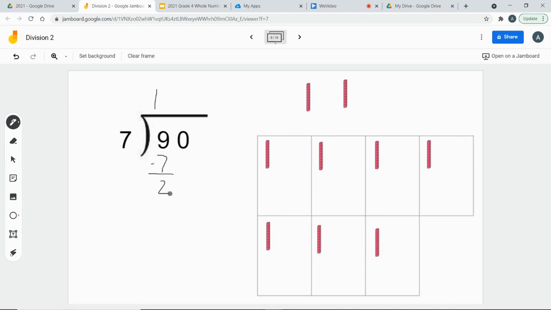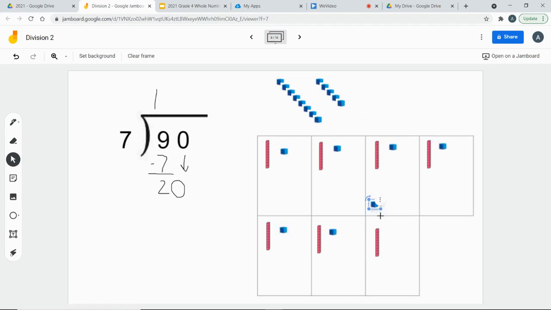I subtract, and I have 2 tens left over. Bring down that 0, and I will need to regroup to have 20 ones. Now I have 20 ones to be divided into 7 groups. I can only put 2 in each group before I only have 6 ones left over. You can't divide any further.